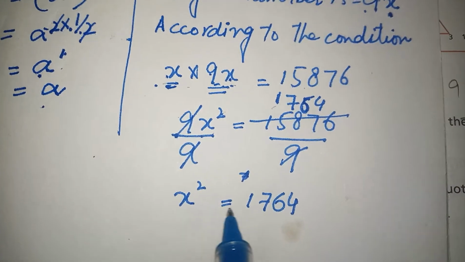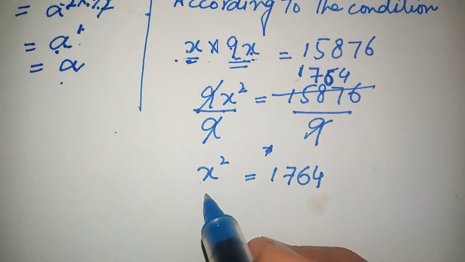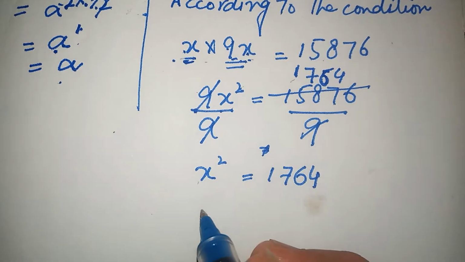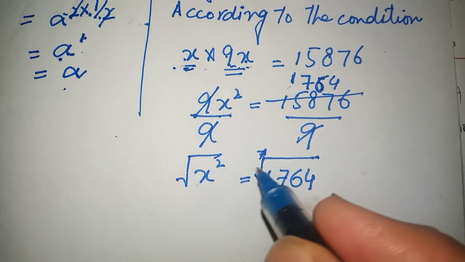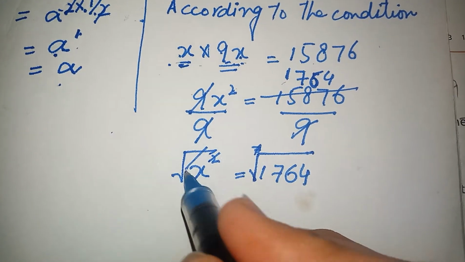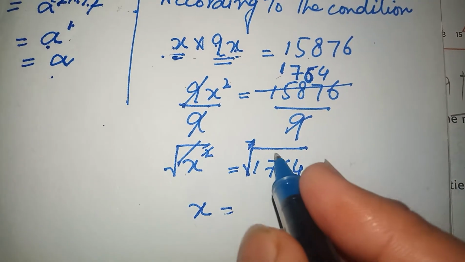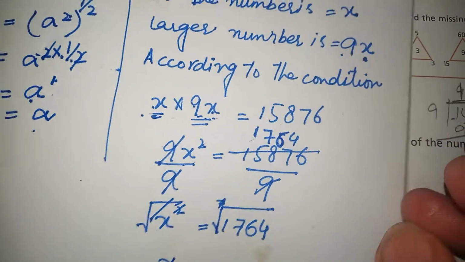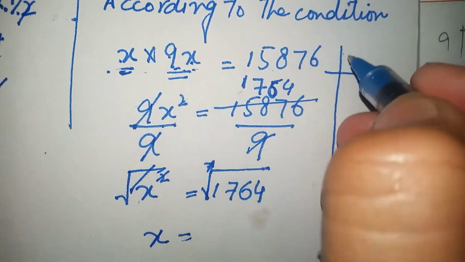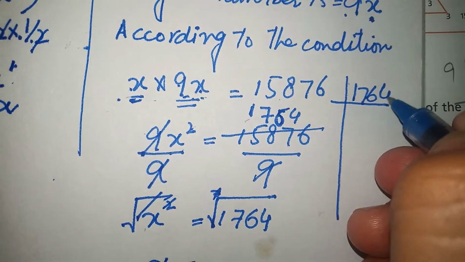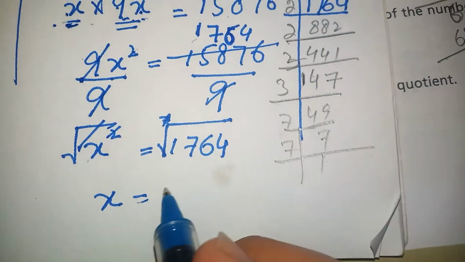And here is x square, and we have to find the value of x, the number we have to find. So we will take the square root on both sides because we need the number x. To find the square root of this number, we will use factorization of 1764.